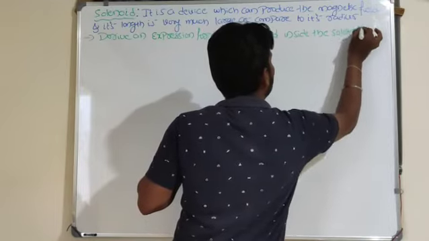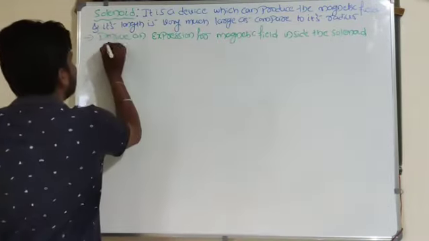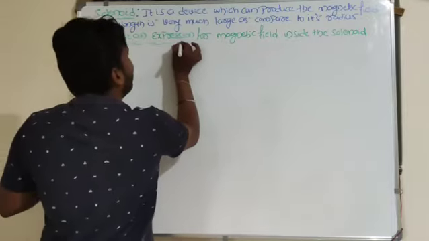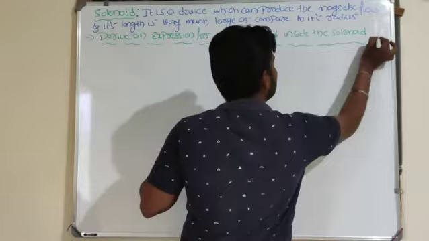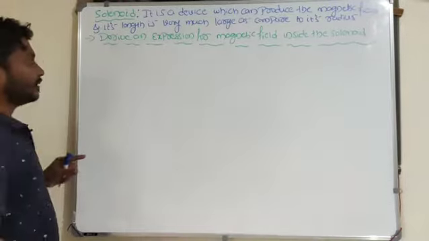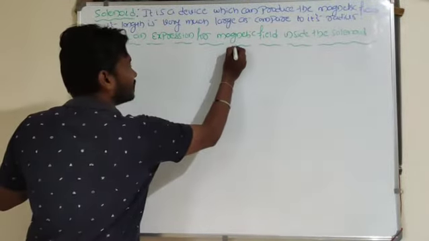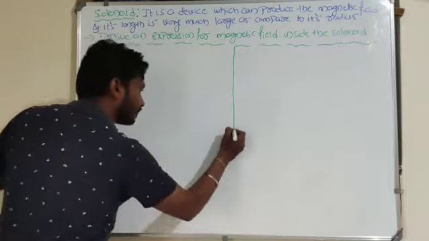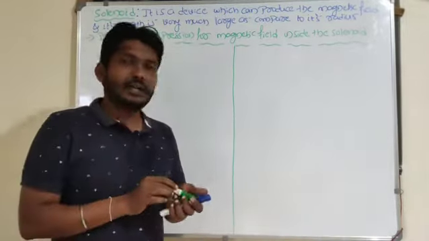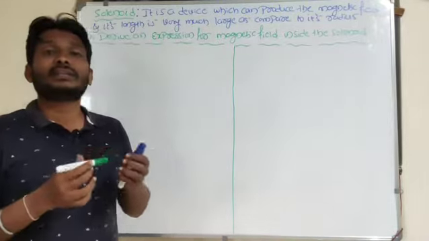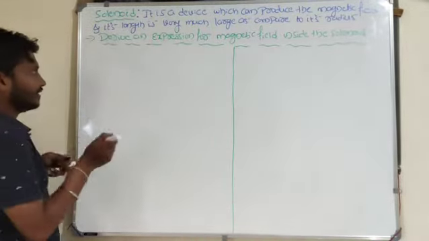Okay, we will get the expression for the magnetic field inside the solenoid. For that purpose, first I will take the solenoid here. Look at here, I will take a solenoid and find the magnetic field inside it.